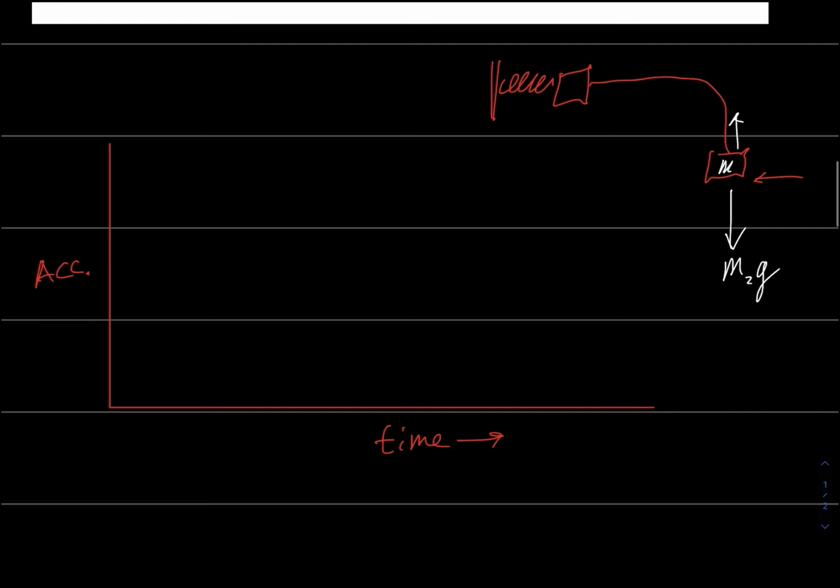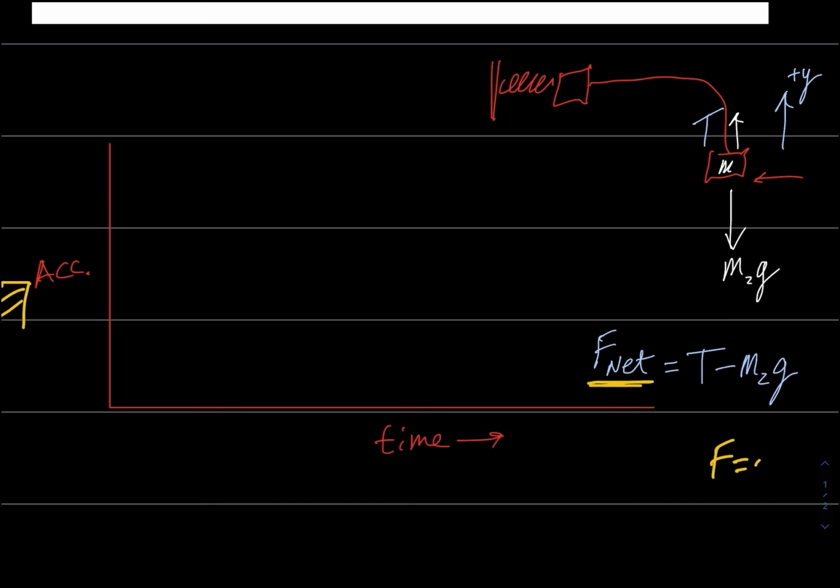So let's go back to here. So the net force on the mass, and we'll say y goes in the positive direction up, is the tension in the string, which is in the upward direction, minus m2g, because that's in the downward direction. And the acceleration is proportional to the net force, just because F equals ma. Okay?